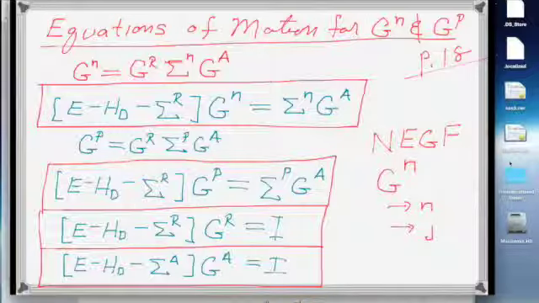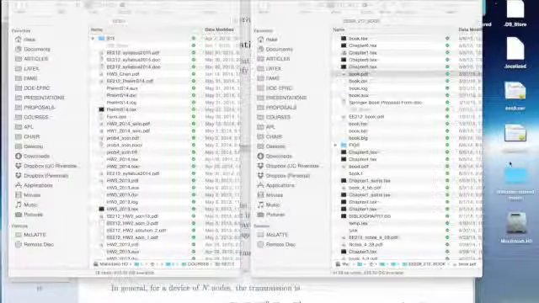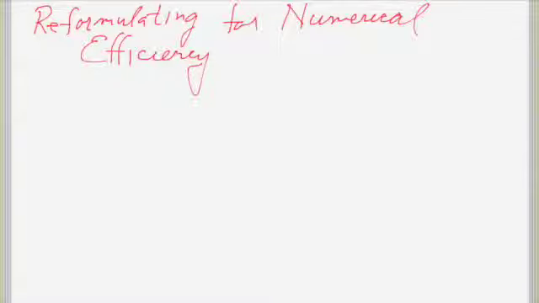But right now, just to set the stage, we'll reformulate these where you just require different parts of the matrix to get the same quantity, like transmission or electron density. So this is just reformulating the equations we have for numerical efficiency. This is section 1.2.5 of the notes.